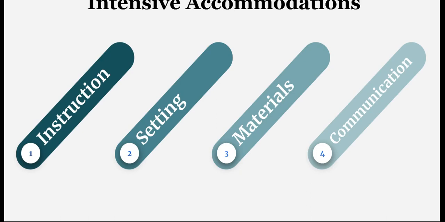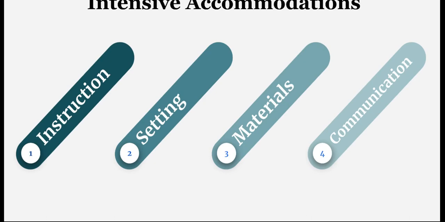We're using systematic instruction. We are narrowing the focus, pre-teaching concepts, giving visual cues, or reducing the amount of work that the student has. For the setting, we may have the student working one-on-one with a teacher or in a small group or with a peer, but they're going to be in a setting that is different from that of their same age peers, smaller setting typically.